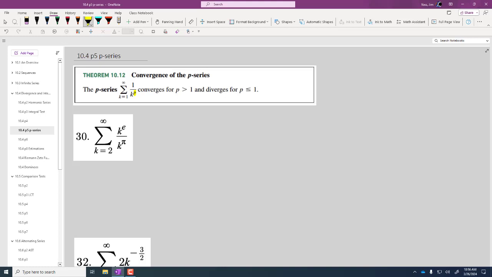So numerator less than 1 converges, denominator bigger than 1 converges. That's why they're different, but we have to keep those two straight. Those are the two that are super easy to get tangled. Geometric series, less than 1 converges. P-series, bigger than 1 converges.